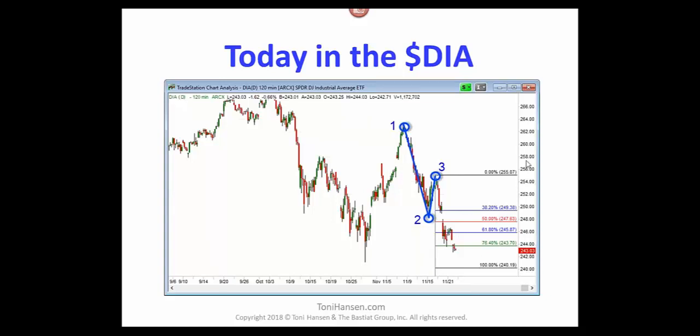This is still acting as a magnet down at this 100% extension. So momentum here so far picked up a little bit faster to begin with, and then it's kind of slowed with this congestion, but there's still room for this to pull to the downside. So we want to use caution on upside plays at this point. They're going to be more of the scalpish types of moves intraday.